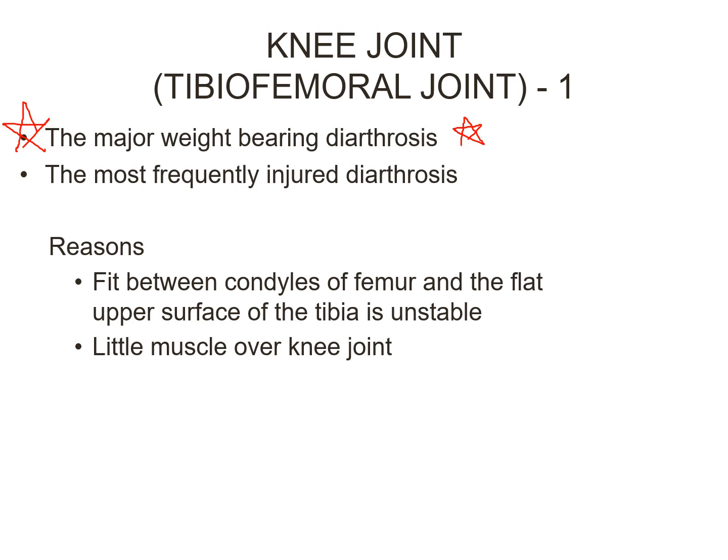Now, this is kind of a contradiction, right? We said the shoulder is very, very easy to injure due to the crazy amount of range of motion. The knee is often the most frequently injured, though. So I would say the shoulder is the easiest to dislocate. The shoulder is the easiest one to pop out of socket.